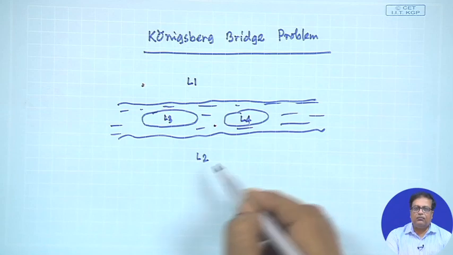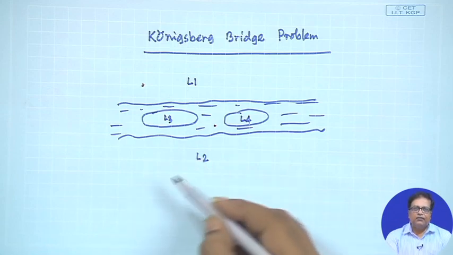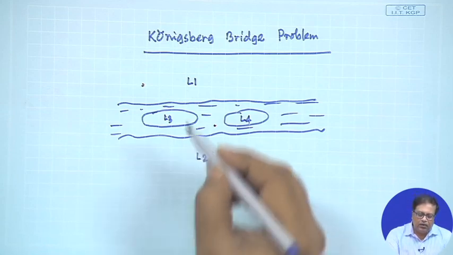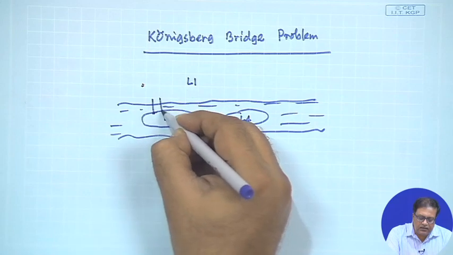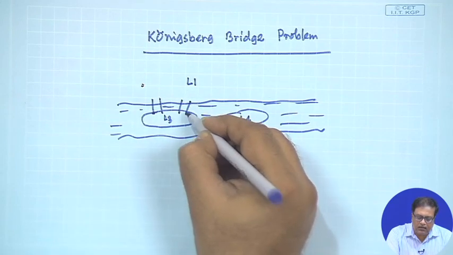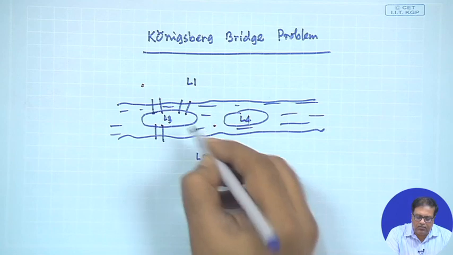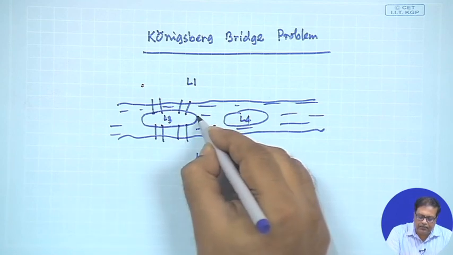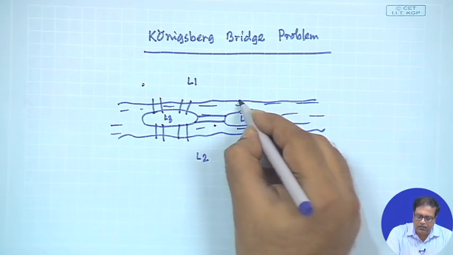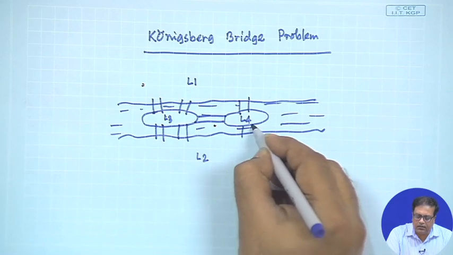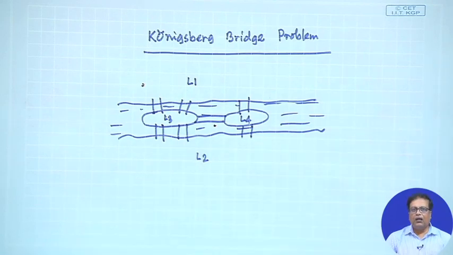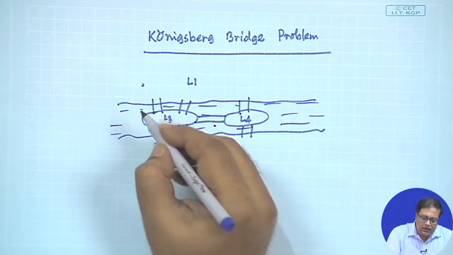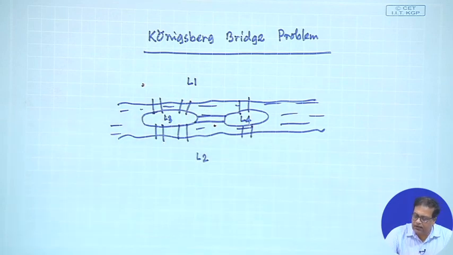Now, these 4 land masses are connected by 7 bridges. So, what are those 7 bridges? This is one bridge, this is another bridge, this is another bridge, this is another bridge, this is the 5th one, 6th one, and 7th one. Alright. So, these are the 7 bridges. Let us name those bridges.